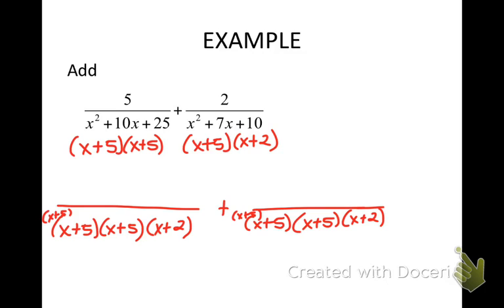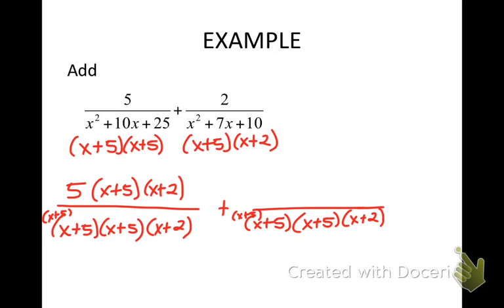Because it's not necessarily necessary. If I add the third one in, just watch for a second, and then maybe it'll make sense. If I add the third one in, and I have my denominator, what's missing? I'm missing an x plus 5, and I'm missing an x plus 2, right? Because that was from the other side. Well, I have one x plus 5 up here, and 2 of them down here.